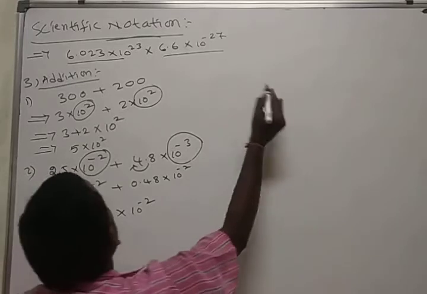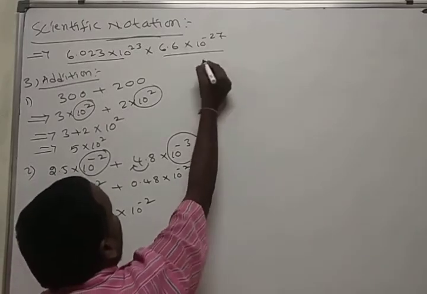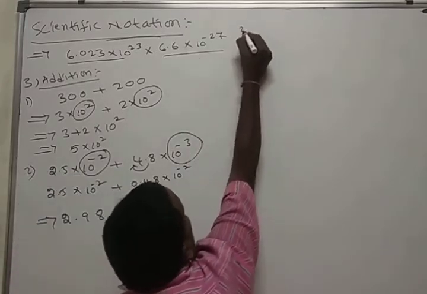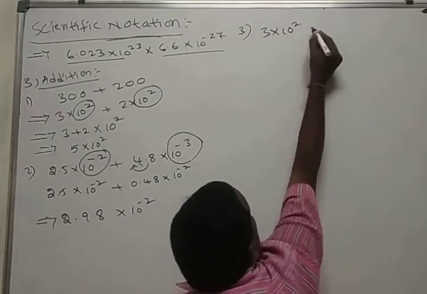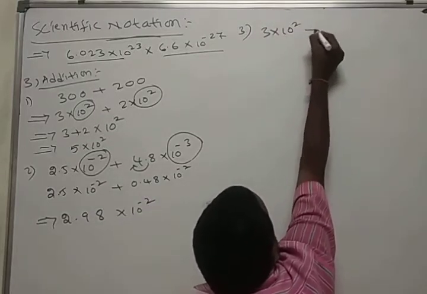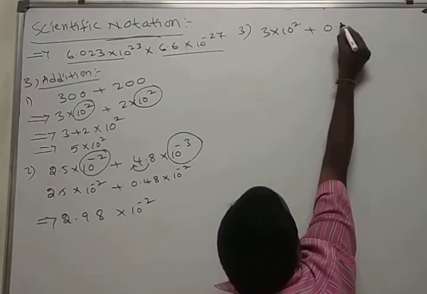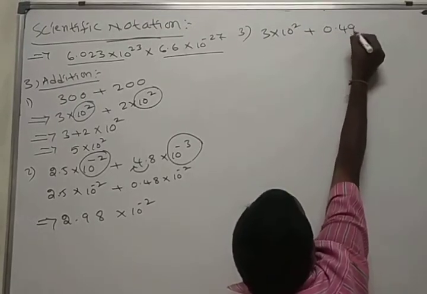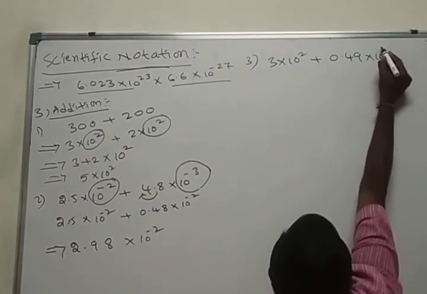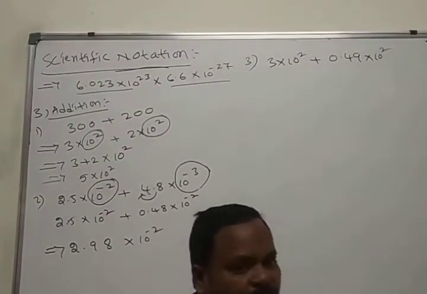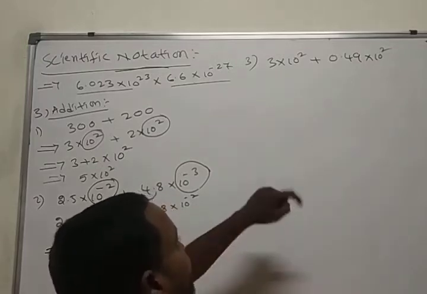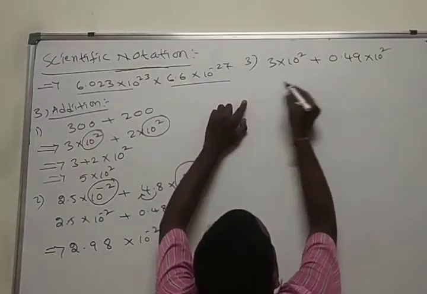For example, here I am taking one more example: 3 into 10 to the power of 2 plus 0.49 into 10 to the power of 2. A simple example.